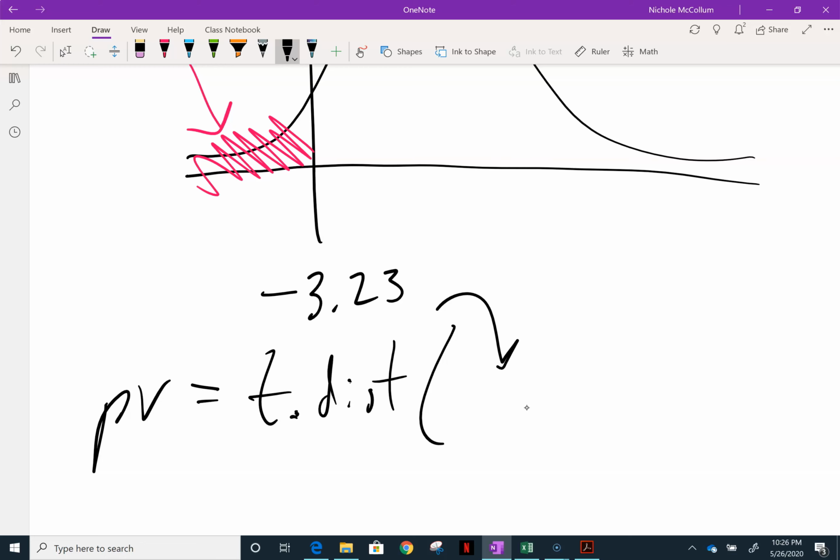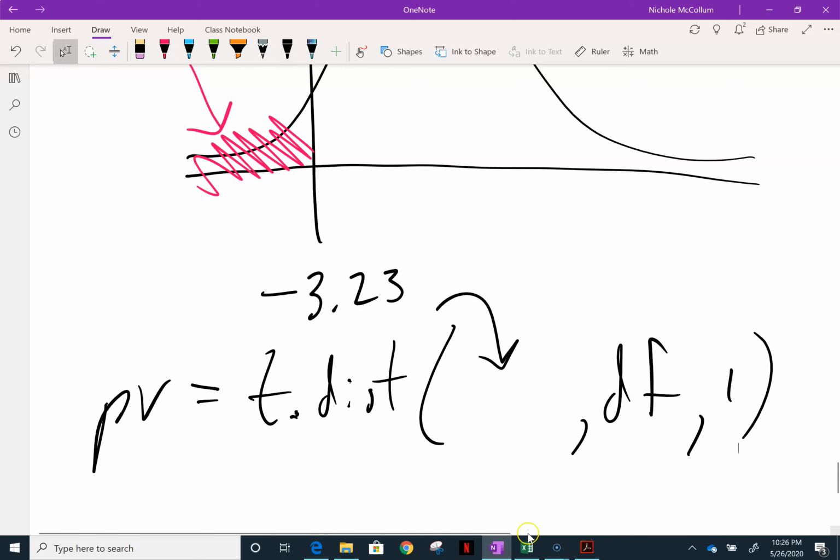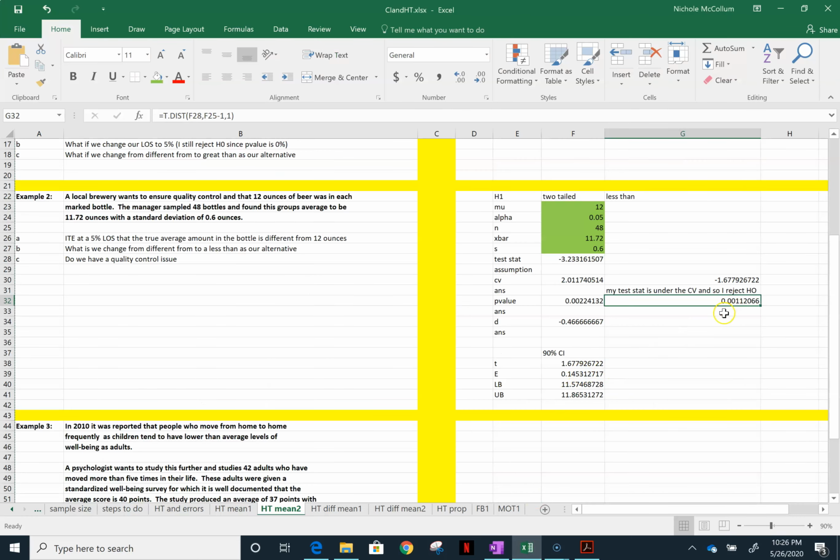I would just drop this number in, degrees of freedom, comma 1, because of how Excel works. And that's that number. And once again, I got my conclusion. My p-value is under alpha, so I reject H not.